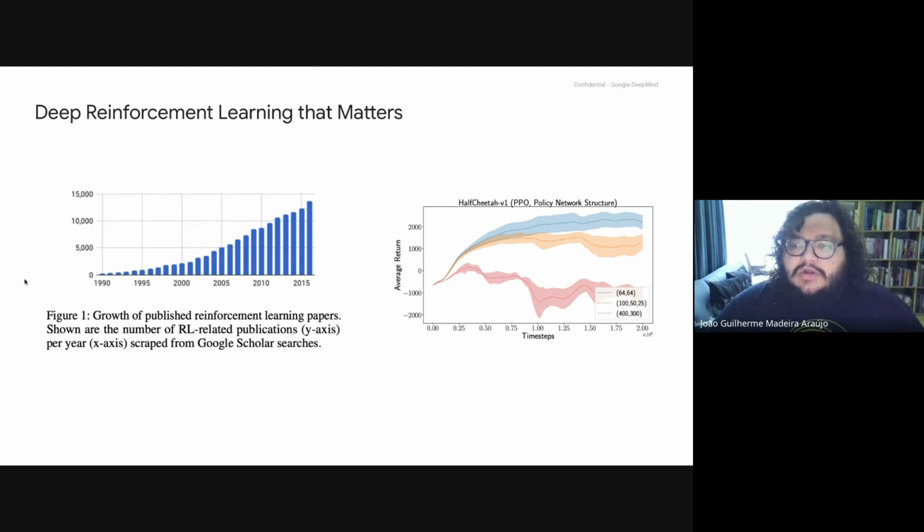Right from the beginning, they showed this plot using PPO on the HalfCheetah environment. They show different network architectures, and there is a huge impact depending on the architecture you choose.